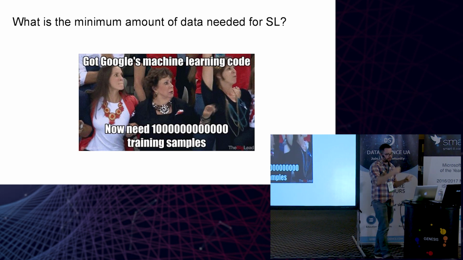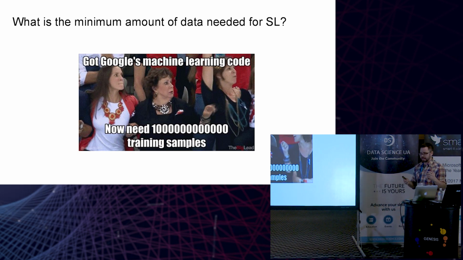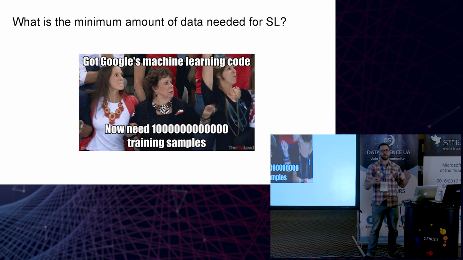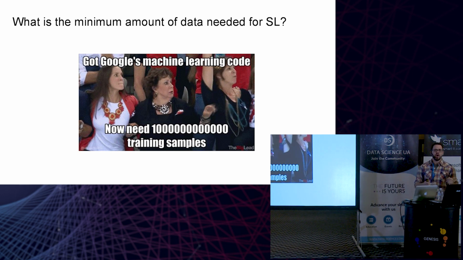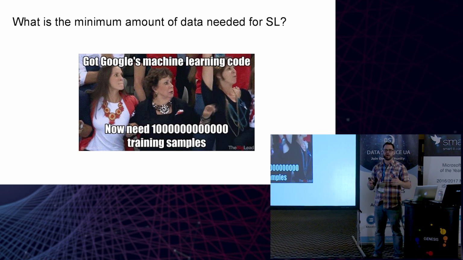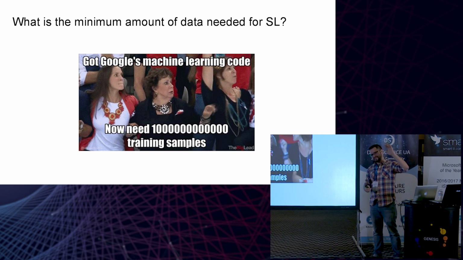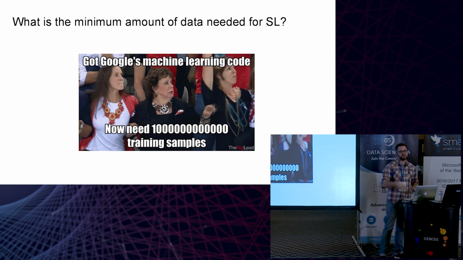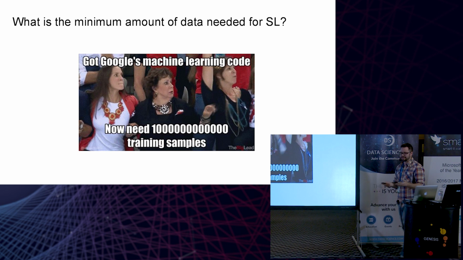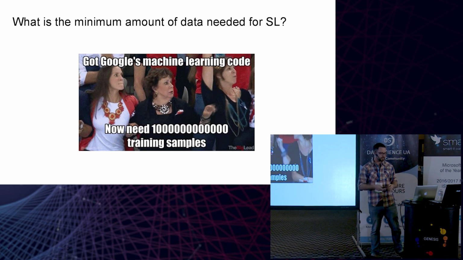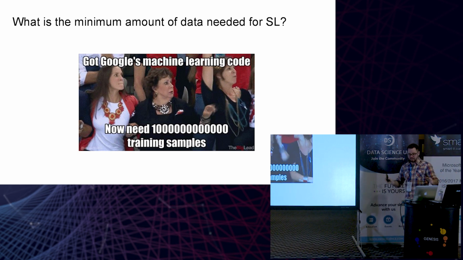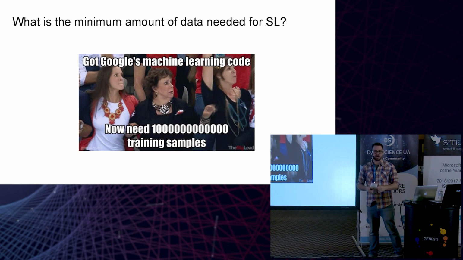I remember I was very spoiled. I was working in a consultancy firm where we received many projects, and most of the time I said, if you have less than 300 instances, it's not worth making a model. Let's do something different, but you need at least hundreds. I was very skeptical that you could do any type of prediction with less than 200 or 300 instances.